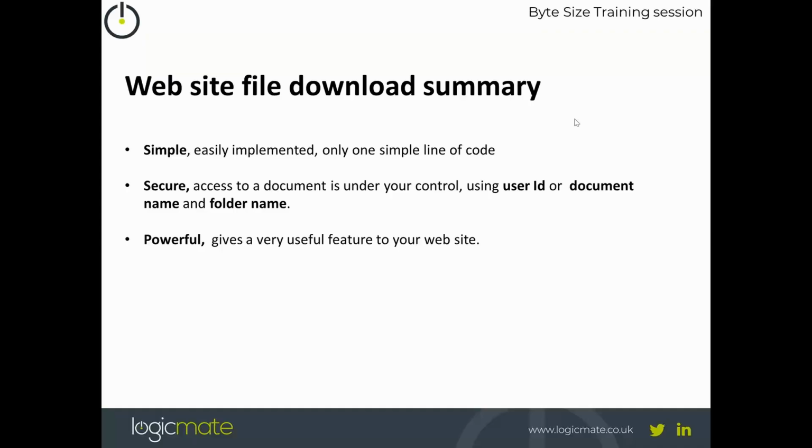And it gives you a very, very powerful, useful feature that you can build within your website to give you the control of, first of all, downloading and how that download appears within the user experience, and also the security to cover off whether they have access or not.